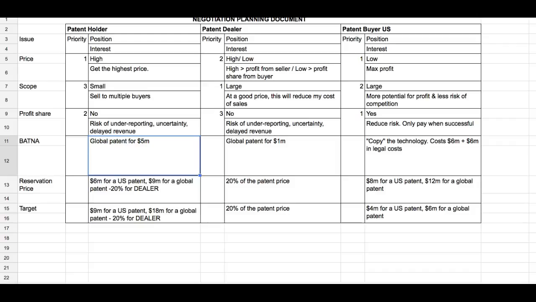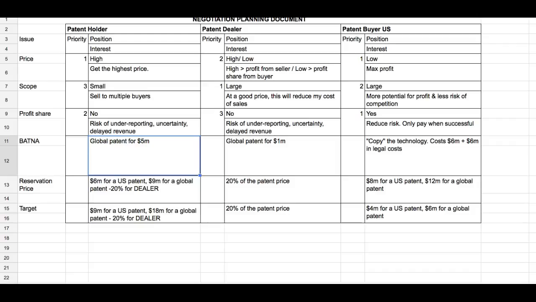So either I will ask for a price of 10 million right now, 50%, or I will ask for a profit share that will probably be higher than 50% because there's more uncertainty. But it could be lower too, not always higher.